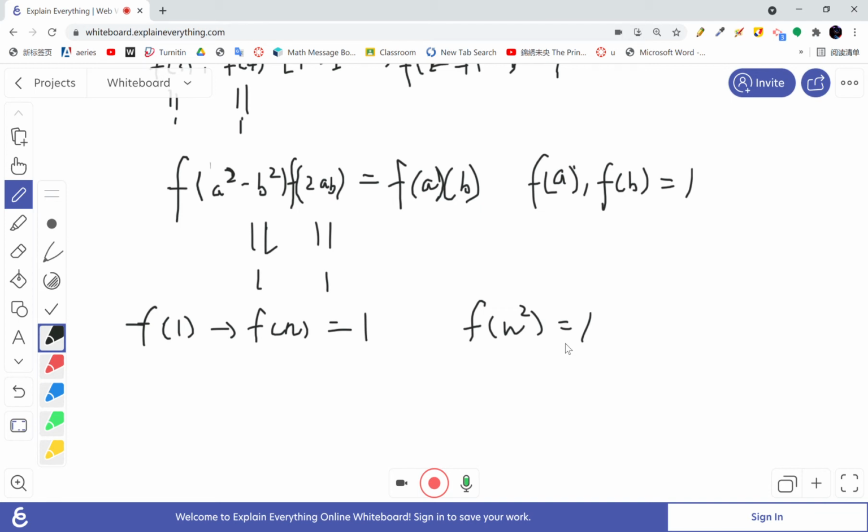Then n minus 1, 2n, n plus 1 is a Pythagorean triple. No, so n minus 1, 2n, and n plus 1 is a Pythagorean triple.